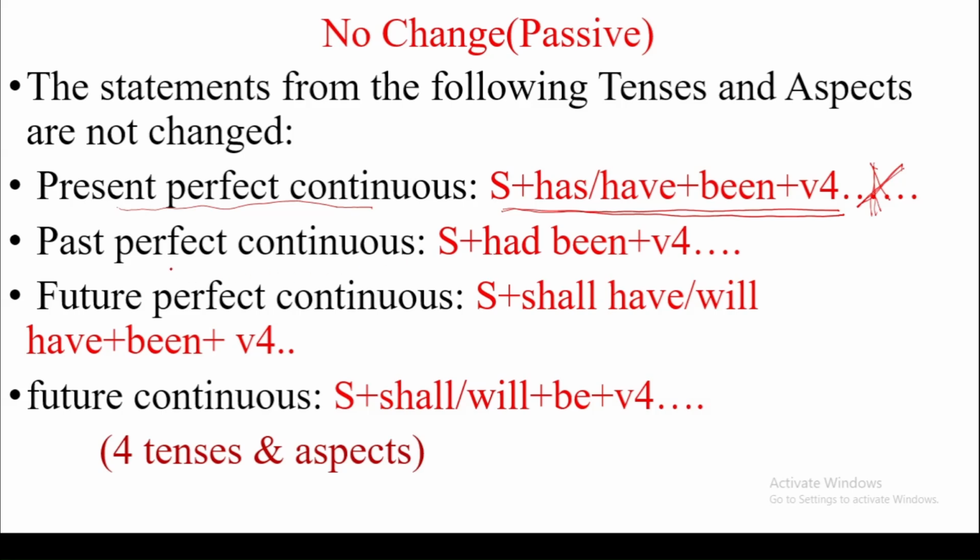Similarly, past perfect continuous tense cannot be changed into passive. If the structure is subject plus had been plus verb-ing, there will be no passive. If there is future perfect continuous, of a structure like subject plus shall have or will have plus been plus verb-ing, such a structure also cannot be changed into passive.